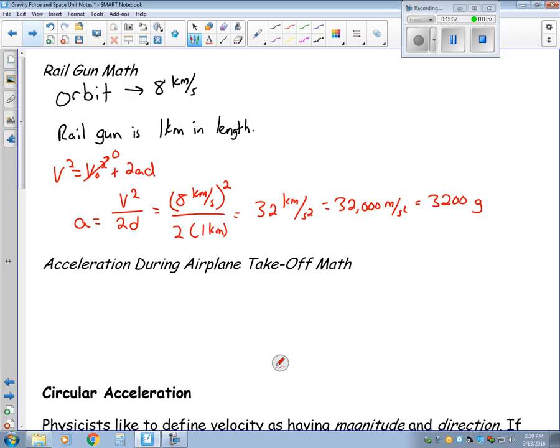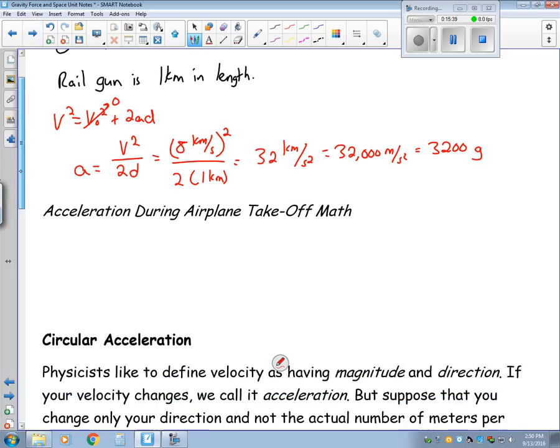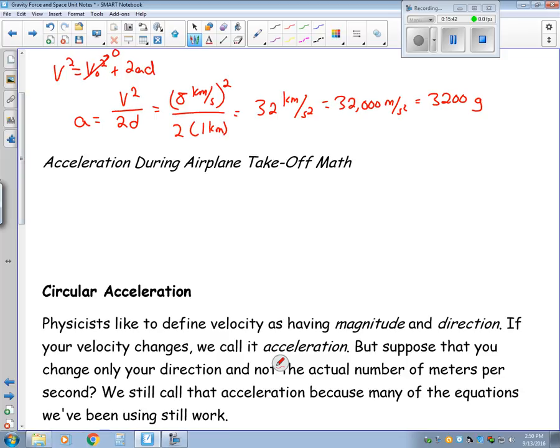That is a lot. All right, finally, let's talk about the acceleration during takeoff for just a regular airplane. So the takeoff speed for a commercial plane is 160 miles per hour, which comes out to be about 0.07 kilometers per second. So the average runway is about 1 kilometer.